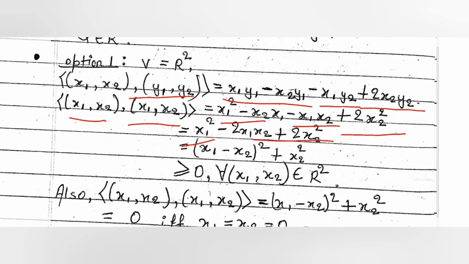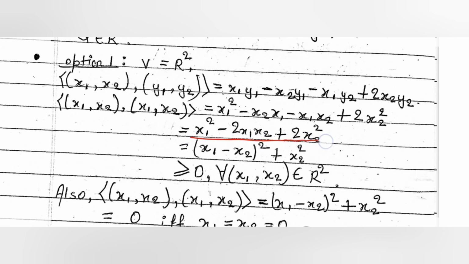We get it after solving this. Then this is in the form of (x1 minus x2) whole squared plus x2 squared, which is greater than or equal to 0, where x belongs to R2.